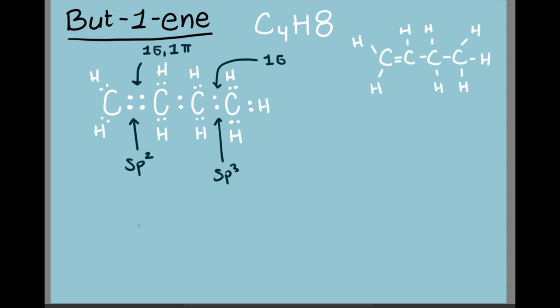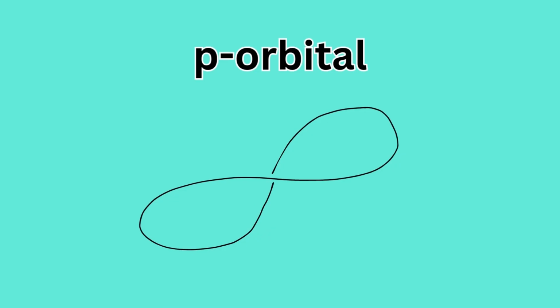So when we are drawing out the hybridization drawing for this molecule, we will go ahead and add in those characteristics. So the first 2 carbons will have an unhybridized orbital. Note that our unhybridized orbital will be a p orbital, and if we go back to the beginning and look at that shape, it is a full hourglass.